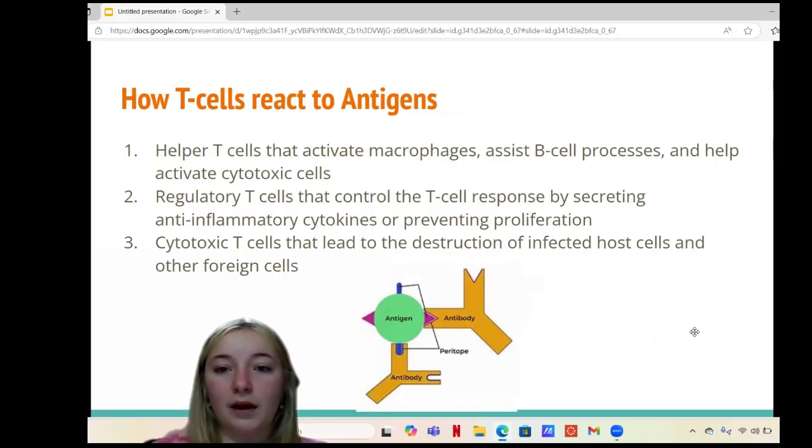So T cells react to antigens. The T cells lead to the destruction of infected host cells and other foreign cells.